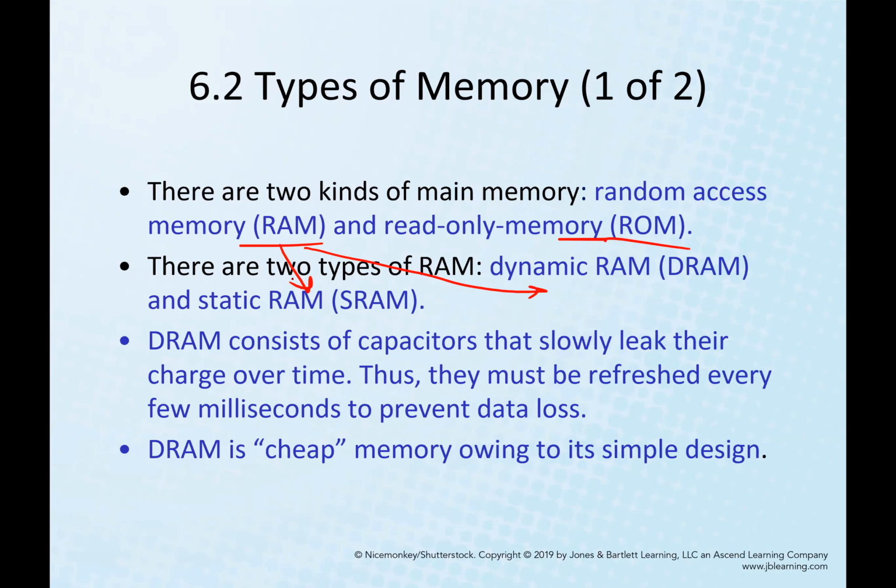Before moving to DRAM and SRAM, let's see what is different between RAM and ROM. RAM, in fact, is a memory where we can access any address location independently, and the main feature of RAM is that it keeps the data as long as it has power.